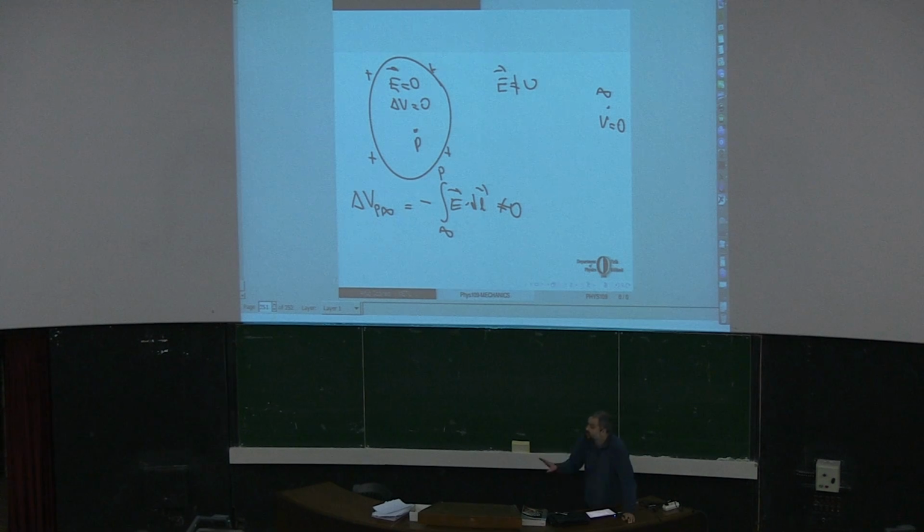No, it is a choice. You don't know. You can choose it to be non-zero. You see, the only thing we can calculate are potential differences. Potential differences don't tell you the value of the potential anywhere, so you can just choose one arbitrarily.